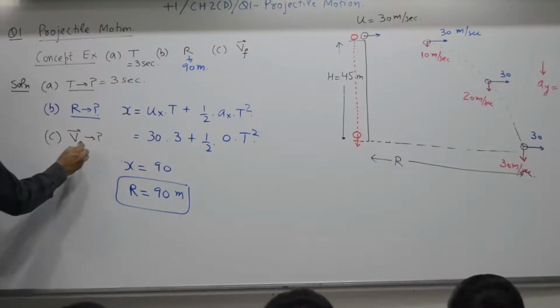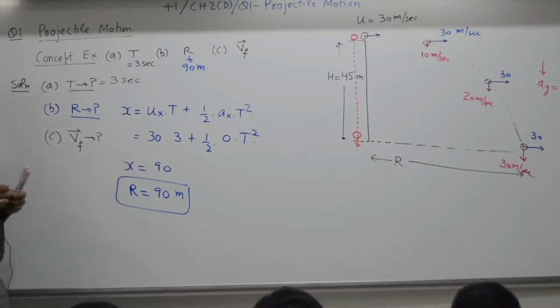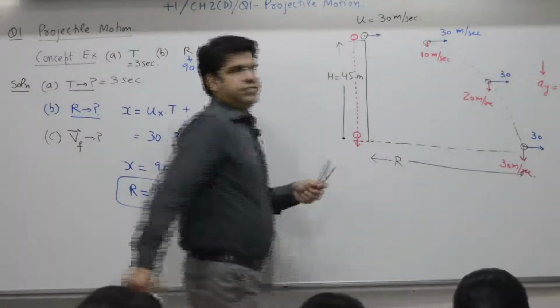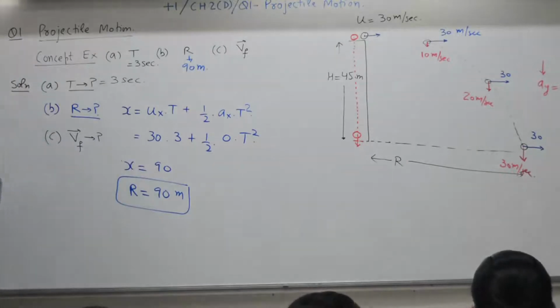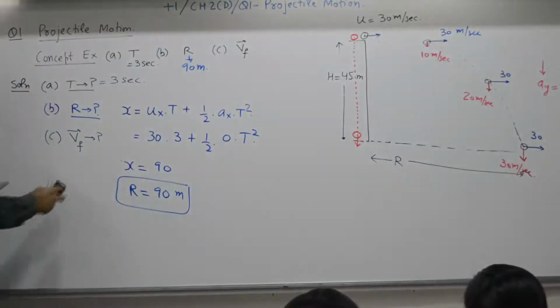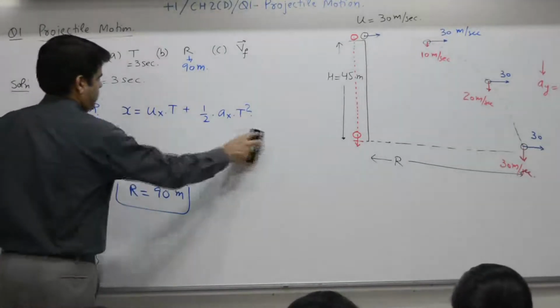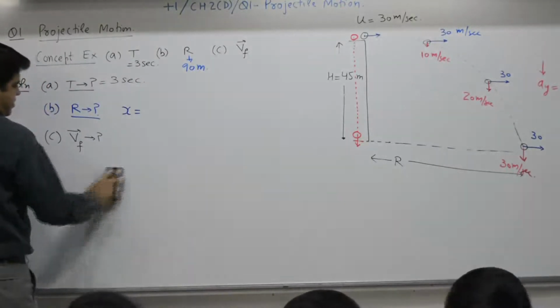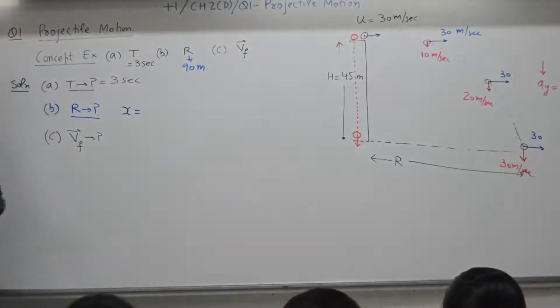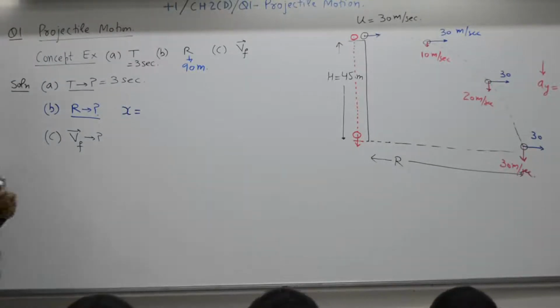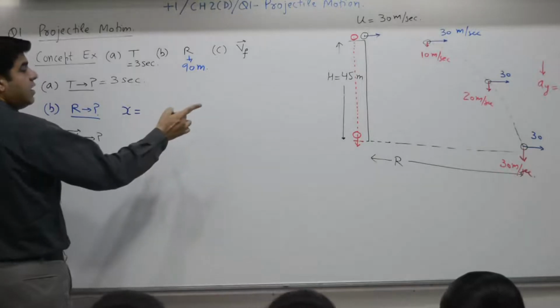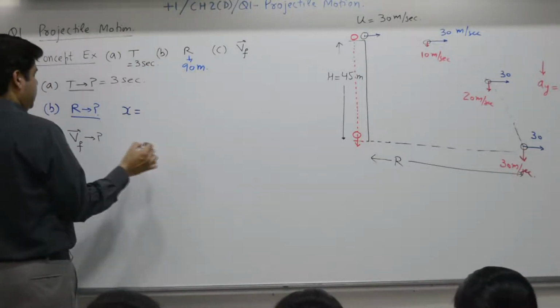Final means what? After 3 seconds, this photograph. Final means just before hitting the floor. 30 horizontal, 30 vertical.